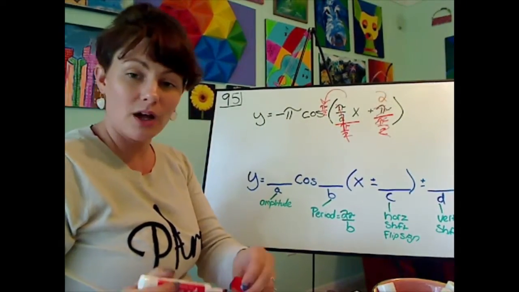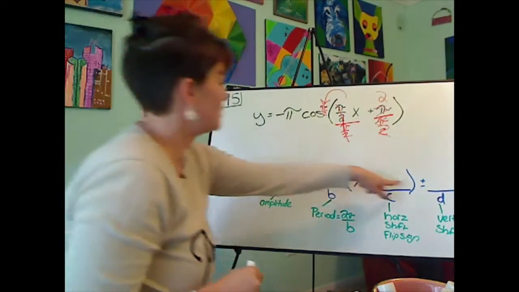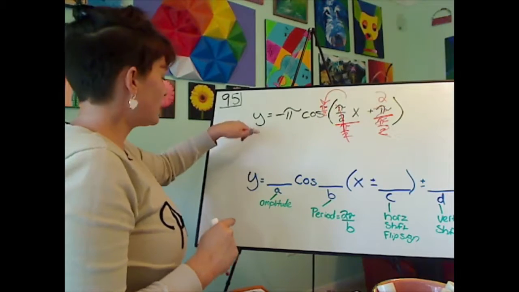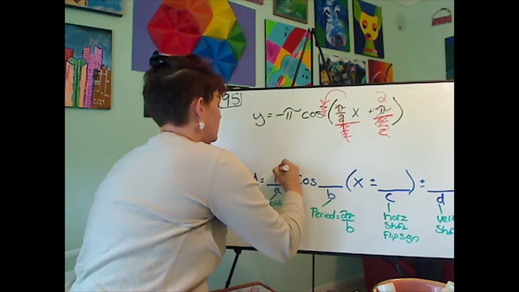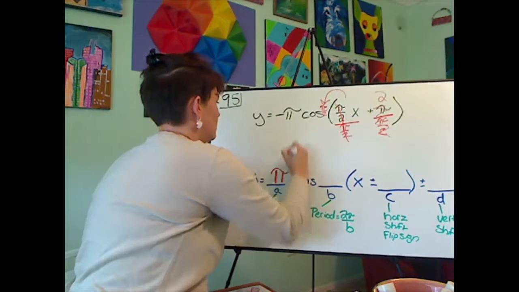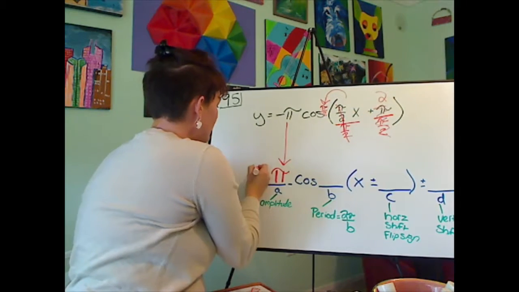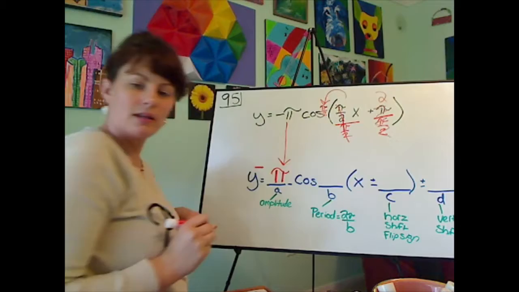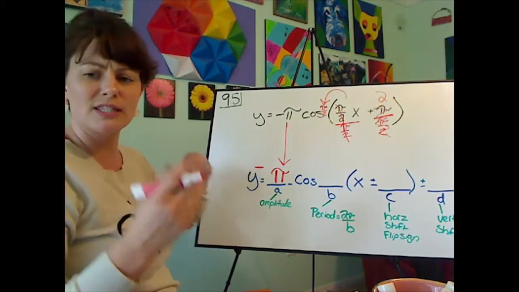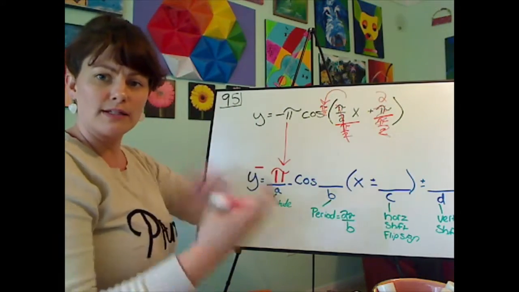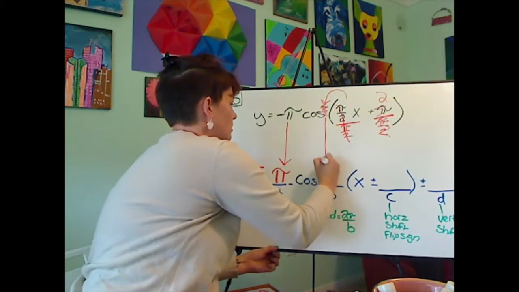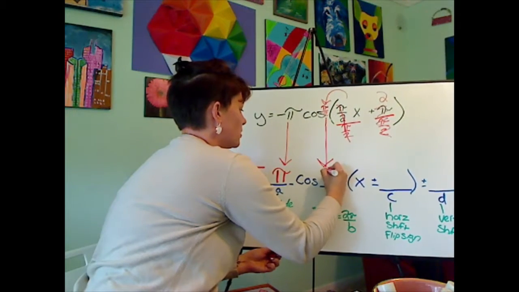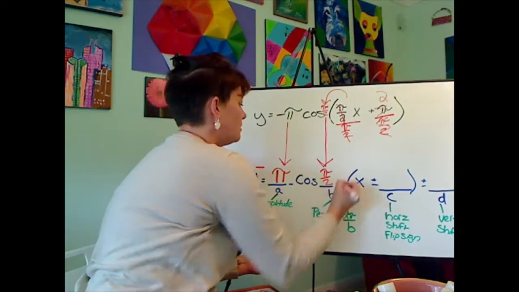So now we can bring all those numbers down into these blanks here. Our amplitude is pi. And this negative out here is not really part of the amplitude. It's just saying that the wave is reflected over the x-axis. Our B value is pi over 2, which we're going to use to figure out our period.